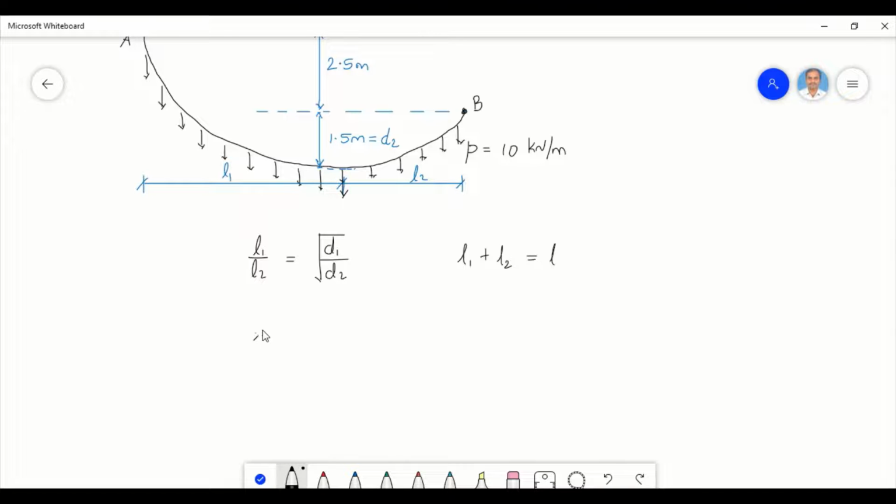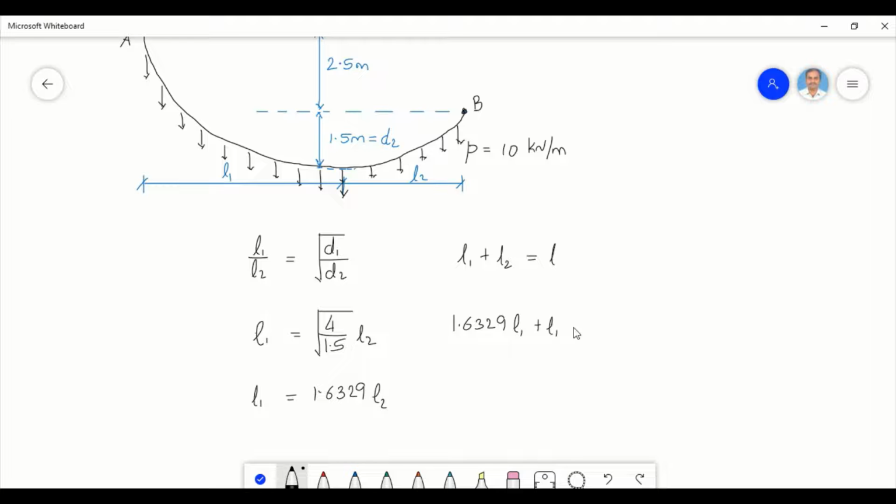So we can express L1 in terms of L2 as D1 is 4 meters and D2 is 1.5, square root of this multiplied by L2. So L1 is equal to 1.6329 times L2. I will substitute this in the total length equation. So instead of L1, I will substitute this 1.6329.